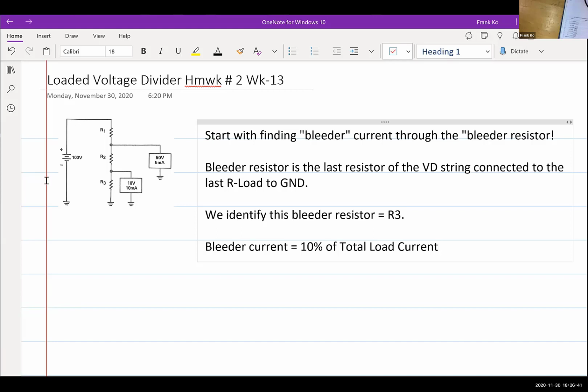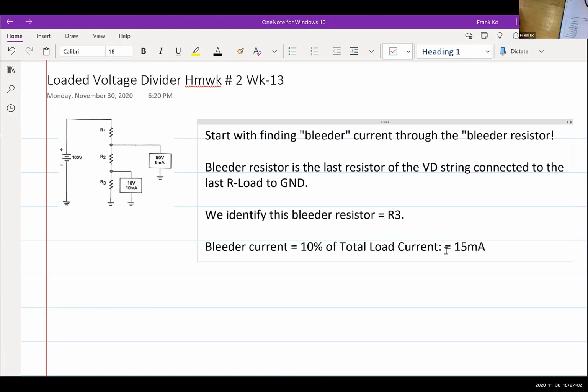Do you have a load current specified for the first load? 5 milliamps. Do you have a current specified for the second load? 10 milliamps. So what is my total load current in this particular case? 15. Okay, so this is equal to 15 milliamps.